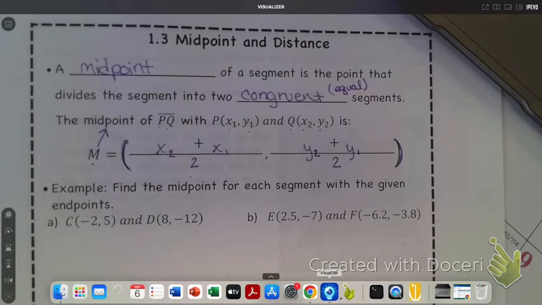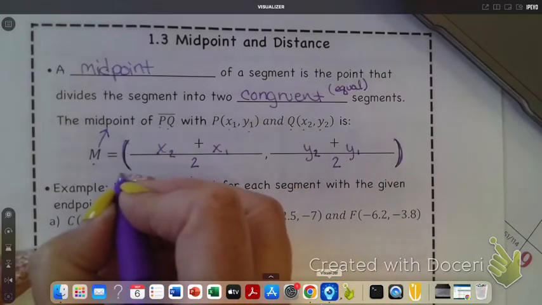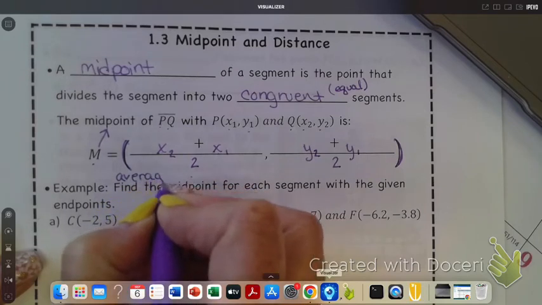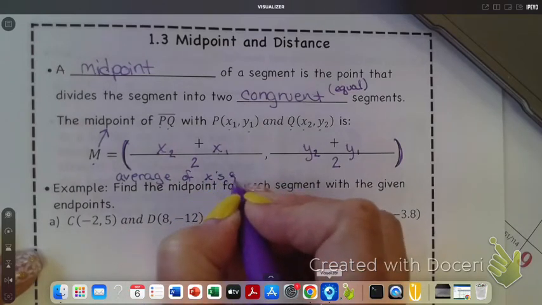Not the median. Mean, average. When you add things together and divide by the number they are, you're finding the average, yes? So what we essentially did is find the average of the x's and y's, didn't we?